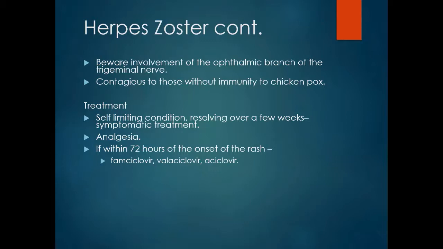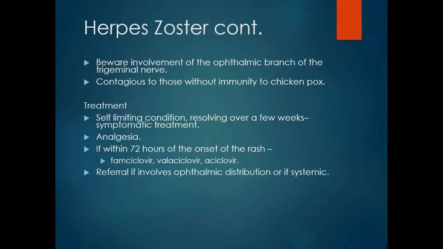This will reduce the intensity and duration of the infection or reactivation and its symptoms, but also importantly, particularly in those over 50, it reduces the risk of post-herpetic neuralgia. Here we've also noted that analgesia is important if the lesions are painful.